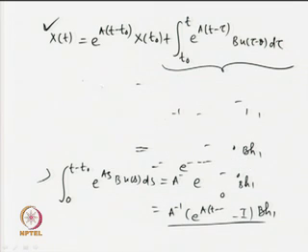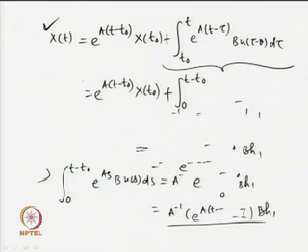Thus, I can write x(t) as e to the power A(t minus t0) x(t0) plus the integral from 0 to t minus t0. Please keep in mind the limits of this integral, which always start from 0 to the time span for that segment of the input, t minus t0, of e to the power A s B u(s) ds.